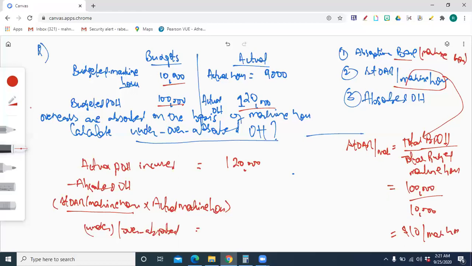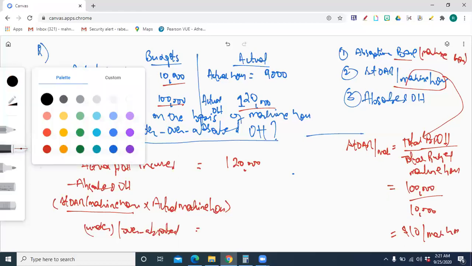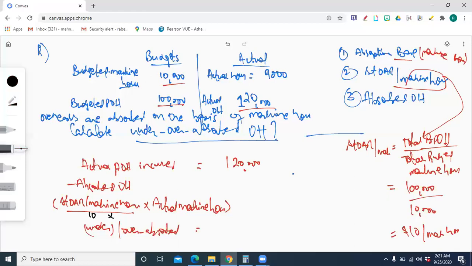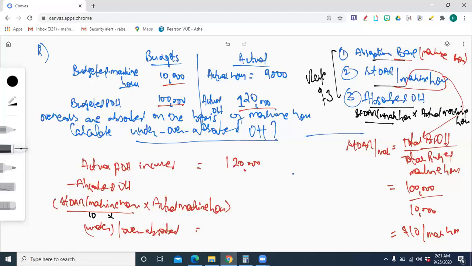Once you get the rate, do you have the third place for absorbed overhead? It's standard OAR per machine hour into actual machine hours. So for that you need actual machine hours. Remember the rule of three. First you know the absorption base, next you calculate the rate, and once you have the rate, look for the actual activity level, actual machine hours.